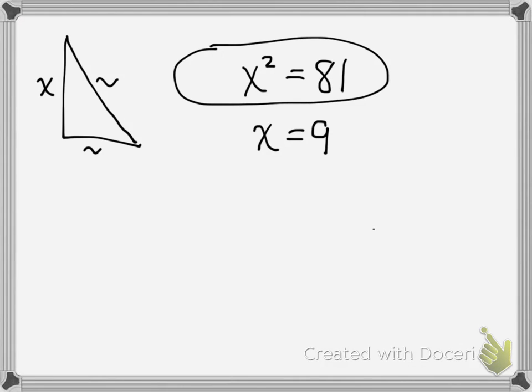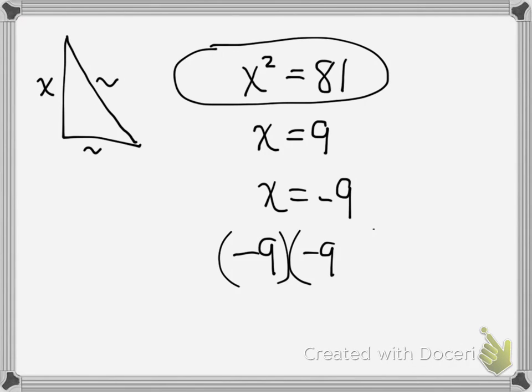Now, there's another number that would work in that equation, right? It would be x equals -9, because -9 times -9 is equal to positive 81 also. So -9 would work, but we know that -9 can't be a side length of a triangle.